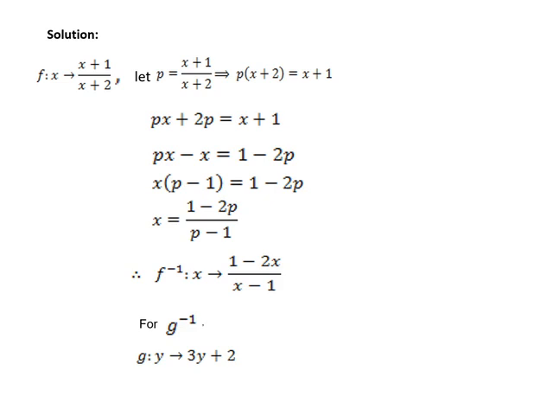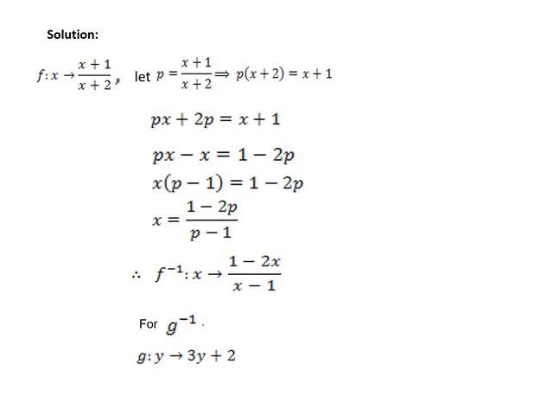Here we make s the subject of the formula. We now divide through by p minus 1. We get s equal to 1 minus 2p all over p minus 1. So here we now have our f inverse. How do we get the f inverse?